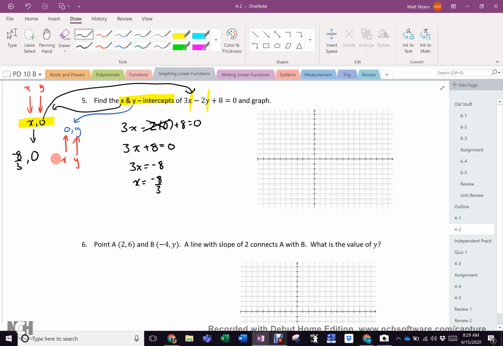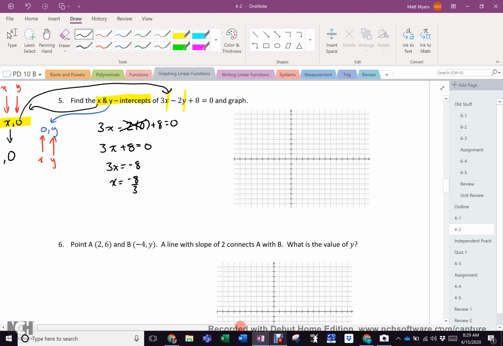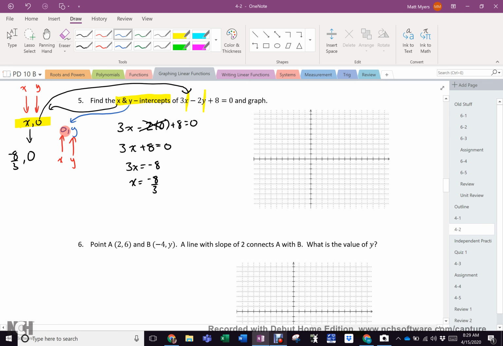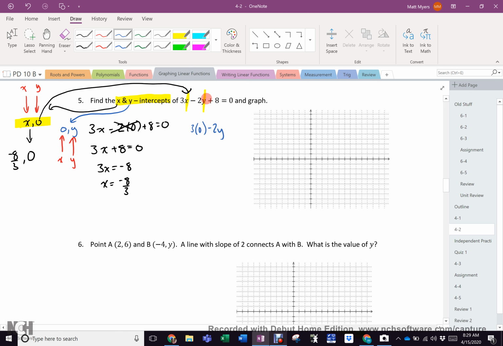All right. Now, you guys are smart kids. In blue, I'm going to bring the blue numbers in here now. I'm just going to slide this over a little. X is now 0. So 3 times 0 minus 2y, because y is y, plus 8 equals 0. 3 times 0 is 0.